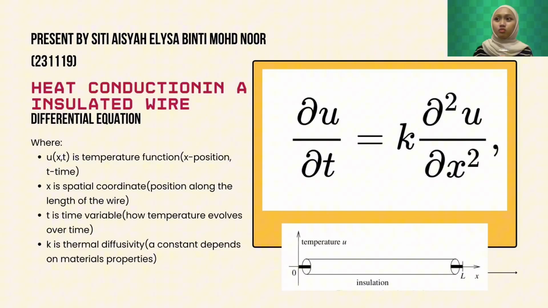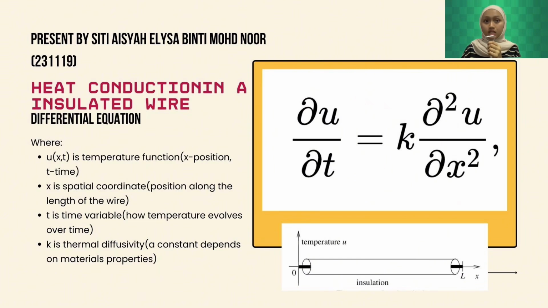I want to talk about heat conduction in an insulated wire in differential equation. As you can see, u(x,t), where u is the temperature function, x is the position, and t is the time. x is a spatial coordinate, representing a position along the length of the wire.